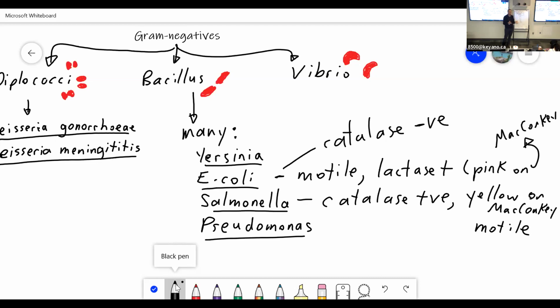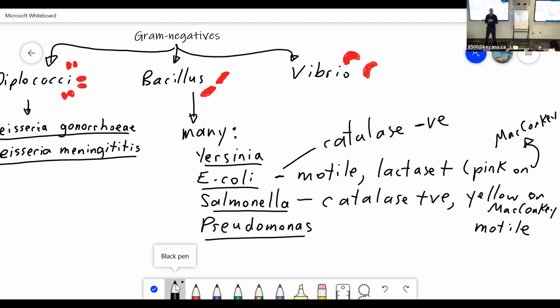So it can cause all sorts of things. It's famous for causing infections in burn victims. They've had a burn and it forms a biofilm on the burn, and it can be a greenish color. It can give you pneumonia, ear infections, eye infections, you name it. It's just very good at that kind of thing, and we'll talk about Pseudomonas a little bit later on.